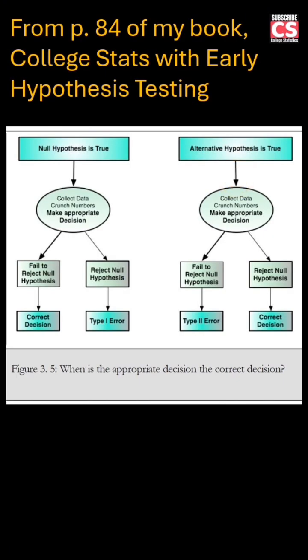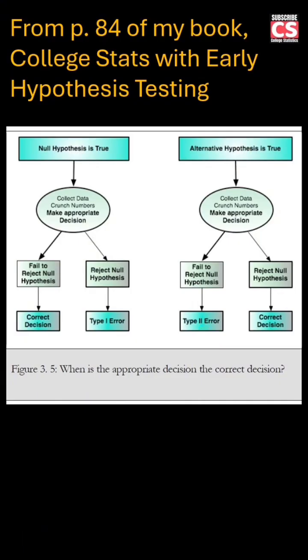Now, from page 84 of my book, College Stats with Early Hypothesis Testing, we have a diagram that really explains the two types of correct decisions we can make in statistical hypothesis testing and the two types of errors we can make.